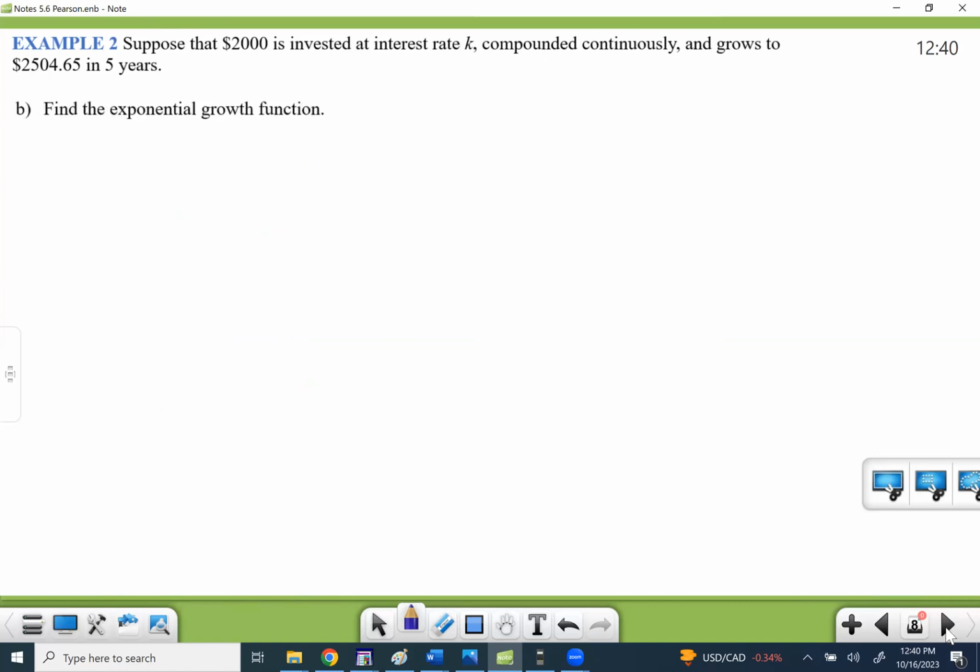Find the exponential growth function. So we have this, the amount in the account at any given time is the initial amount e to the KT. Well, we know the initial amount invested was 2,000. And we just found out that 0.045 is the rate.